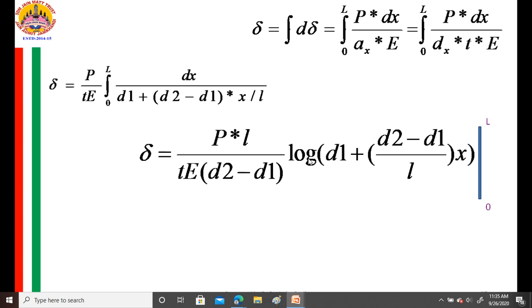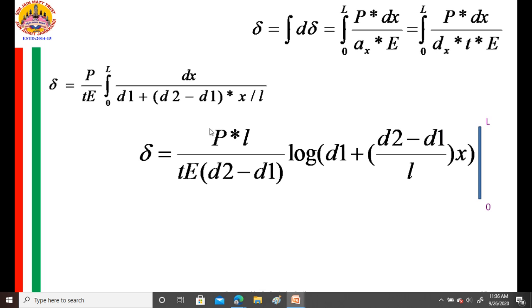What are you going to get? Log of d1 plus d2 minus d1, which gives log of d2, since d1 minus d1 cancels out. First term is log of d2. When you substitute the lower value, x is 0, so this term will cancel out. Left out is log of d1.